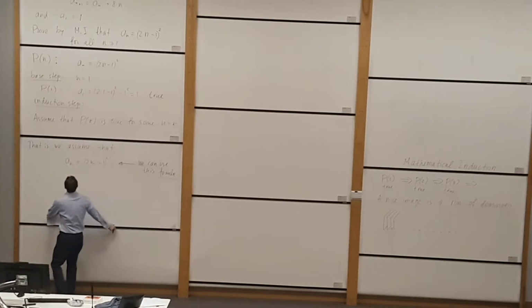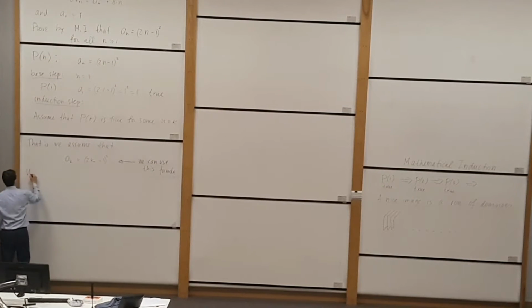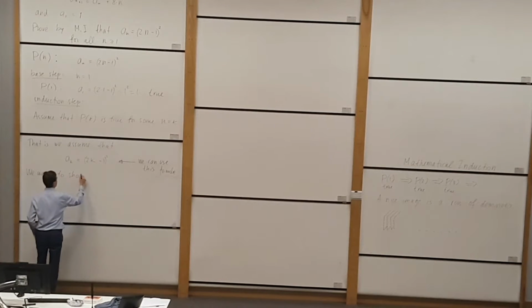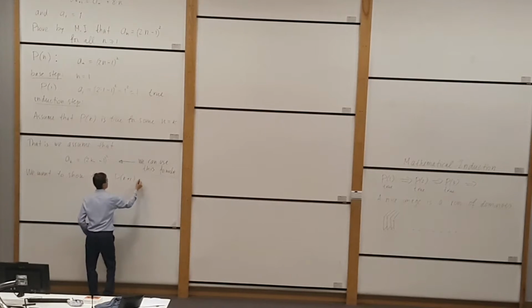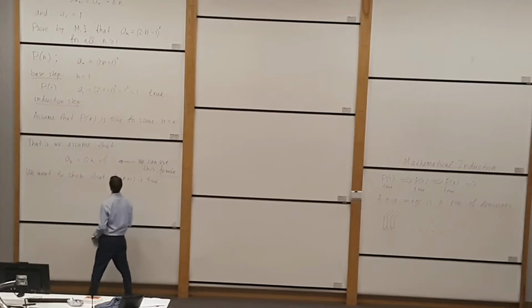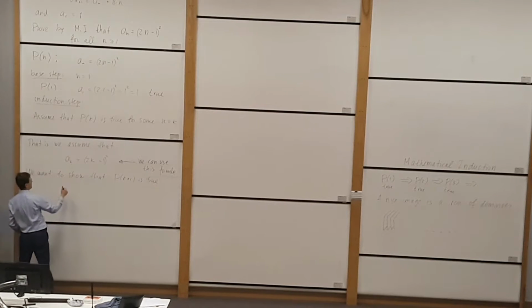And then we can write out what we're after. So we want to show that P of k plus 1 is true. So here, just replace k by k plus 1.